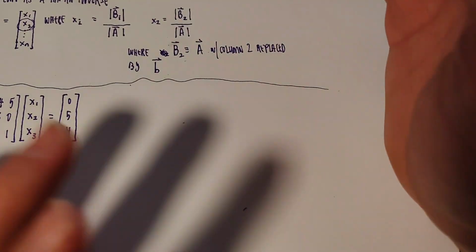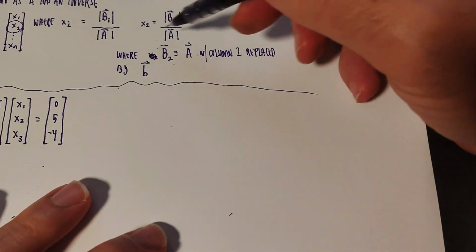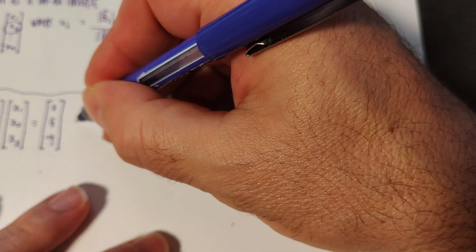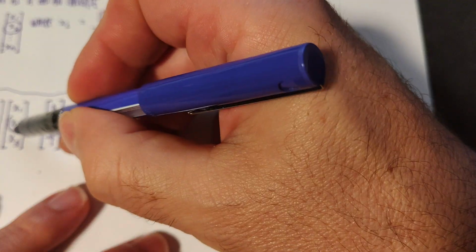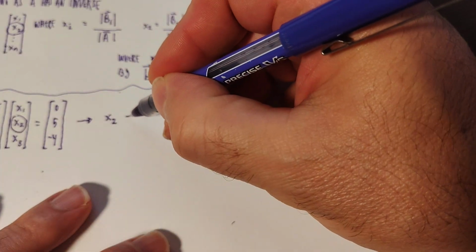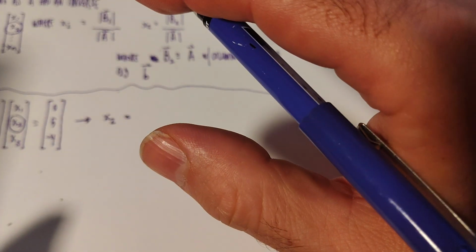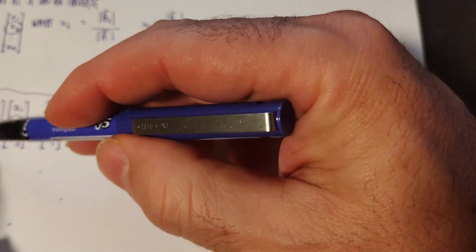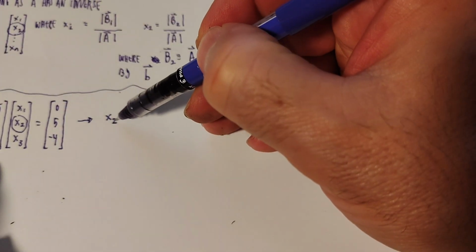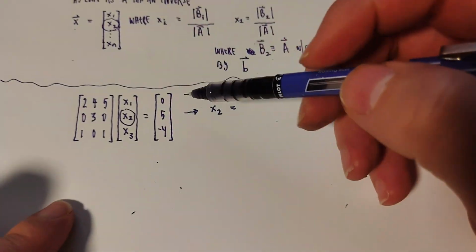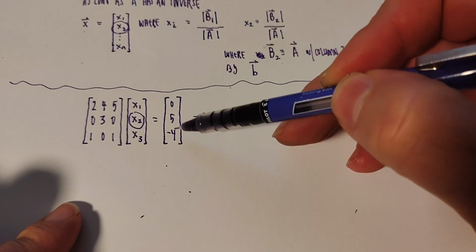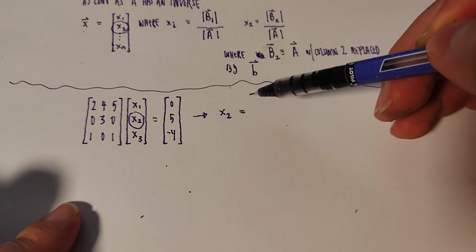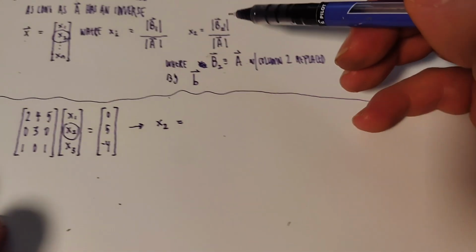So hypothetically here, using this rule, we want the value x2. So it's going to be matrix A with column 2, this column here, replaced with vector B. That's going to be matrix B2.